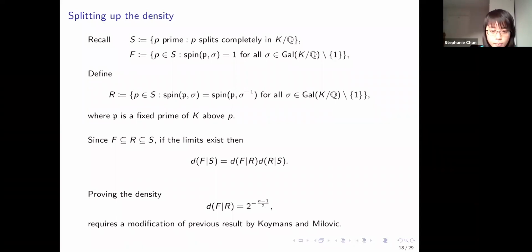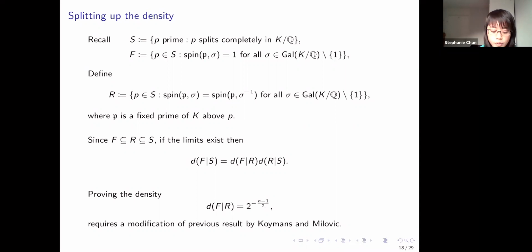There are some modifications required because our definition of spins isn't exactly the same as theirs, because we're taking p to the h, so we're taking p to the class number rather than just the principal ideal p. But essentially it's the same idea that follows through. That gives us that these spin symbols are independent when we only take one of sigma and sigma inverse in each pair of non-trivial elements in the Galois group.